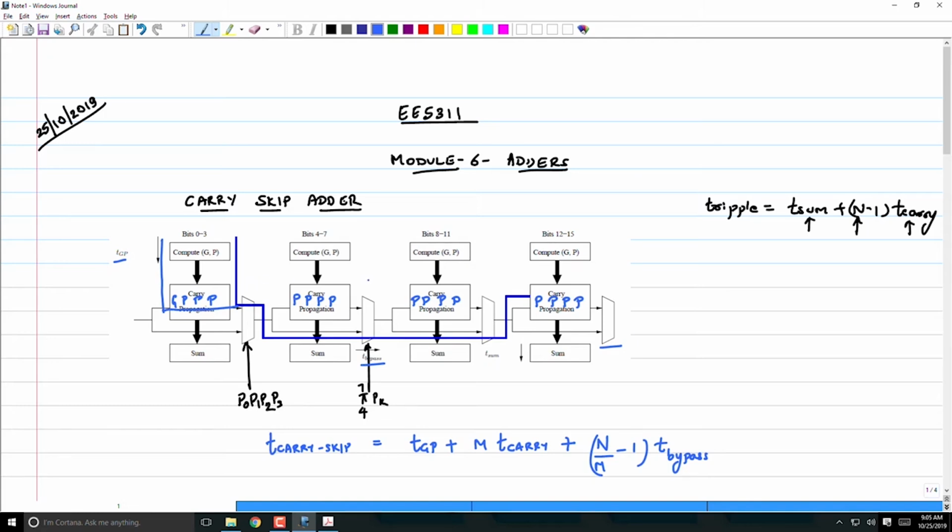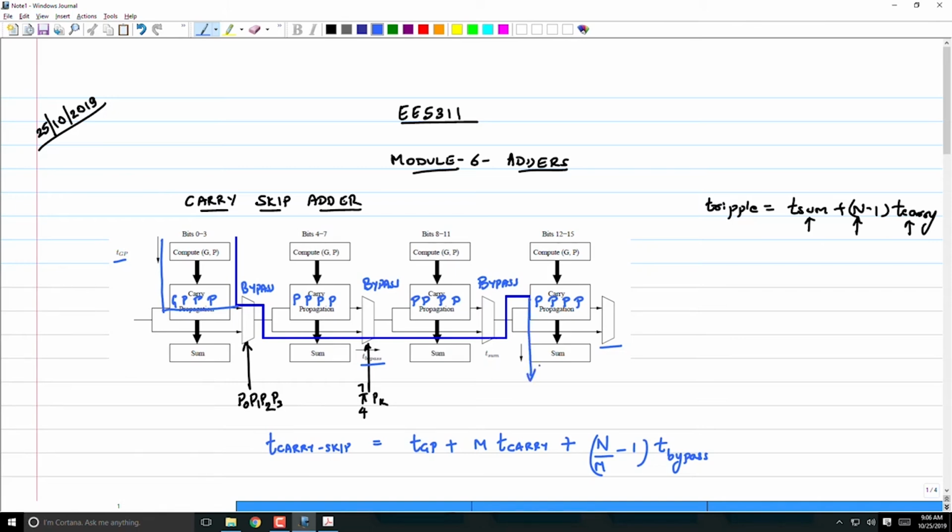So this is going to be in bypass, this will be in bypass. But this is not going to be in the bypass mode. I mean, that is not the delay. It can be in bypass mode, but we have to now consider the delay going into the sum here.